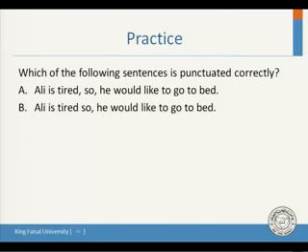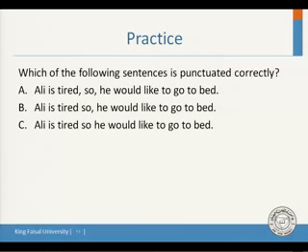Ali is tired, so, comma, he would like to go to bed. Now we have a comma after so. Is this correct? Ali is tired, so he would like to go to bed. What's wrong with this sentence?